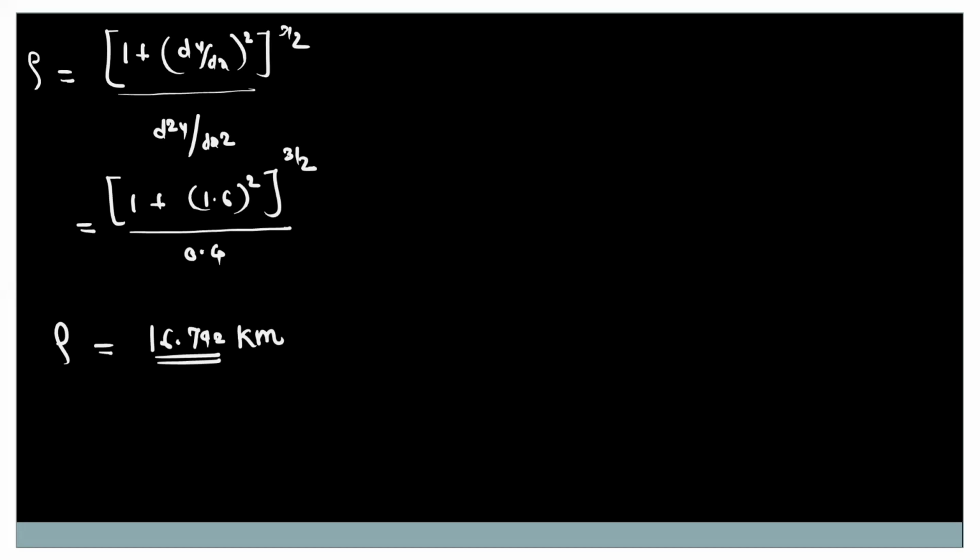Okay. So now use the equation for normal component of acceleration. An is equal to v square upon the radius at the given point. So v is given at point P, that is equal to 360 kilometer per hour. Okay.